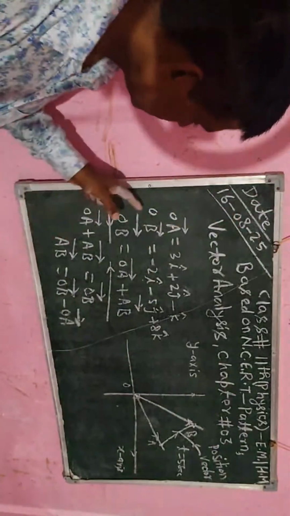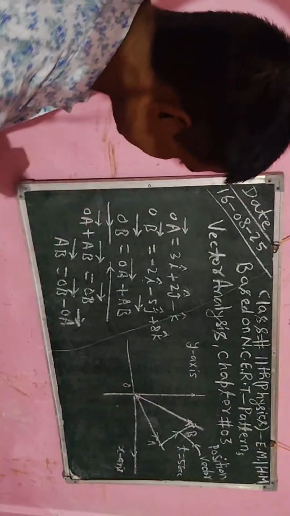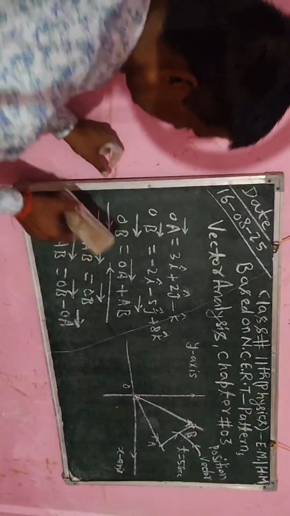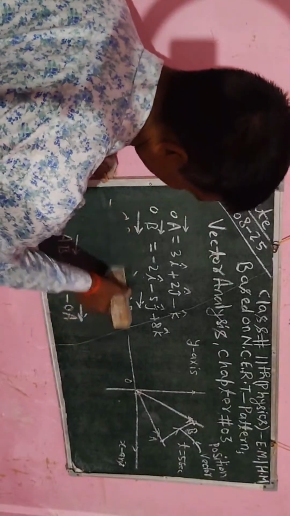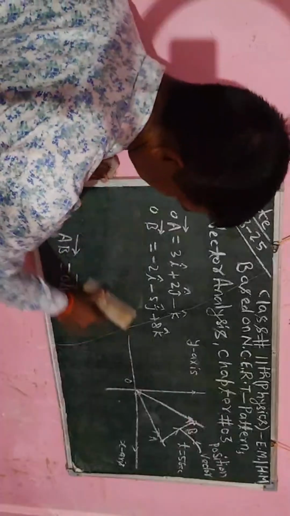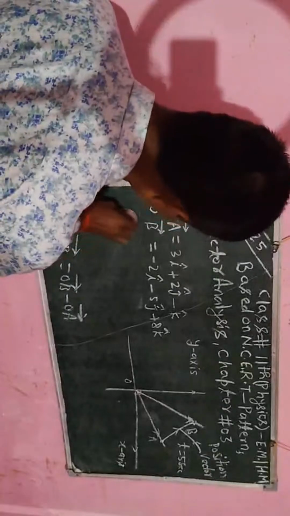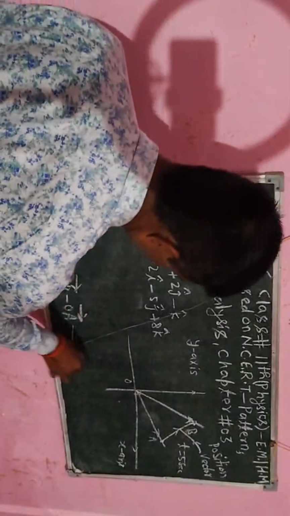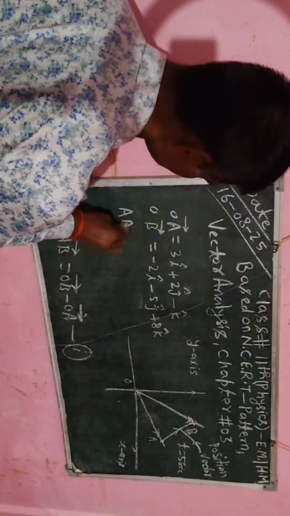Okay, so here data which is not necessary I will remove and the required data I will preserve. After preserving I will put the information in equation number 1, and then I will take the value of position vector, that is AB.